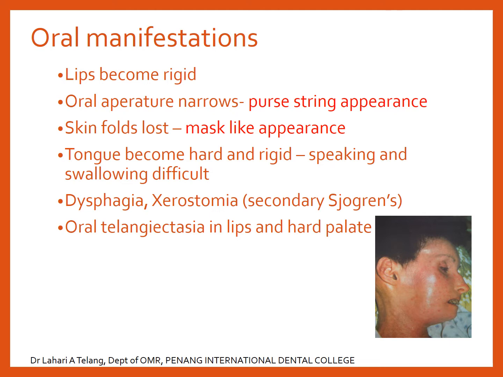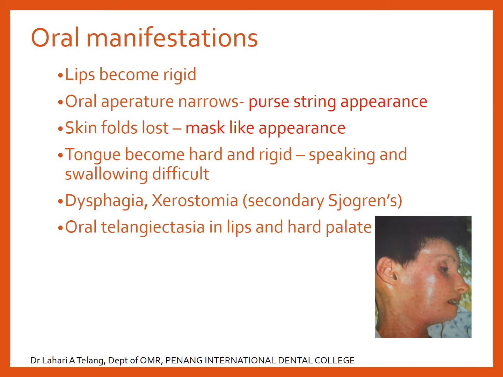You must remember that scleroderma is an autoimmune disorder. So many of the autoimmune disorders generally coexist together, and hence there could be both connective tissue features as well as other systemic involvement. Oral telangiectasias can be seen on the lips and the hard palate.